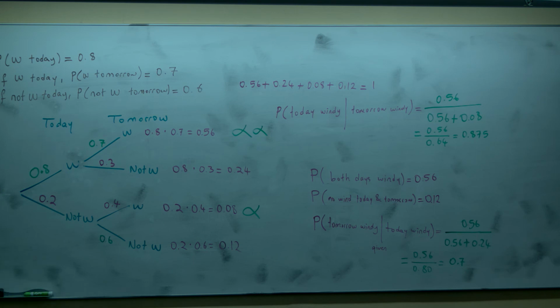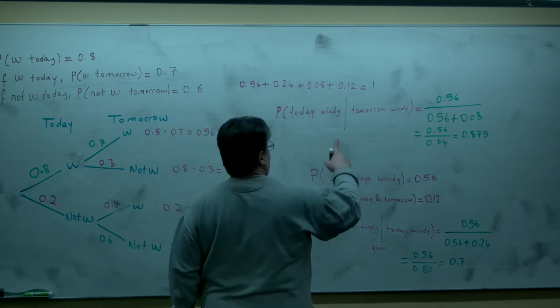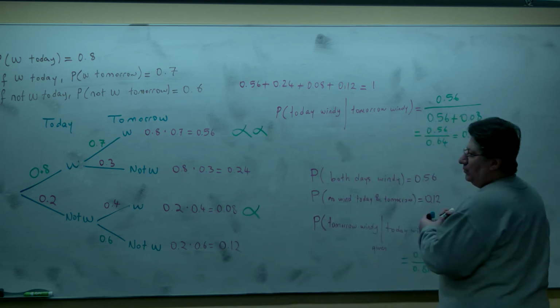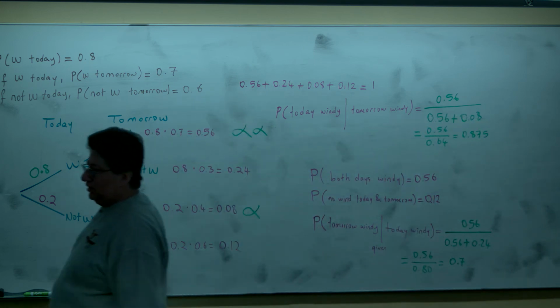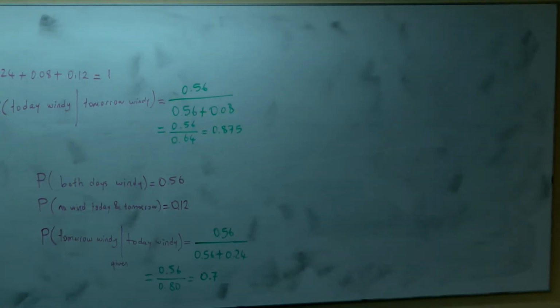This is called conditional probability. Okay? Conditional probabilities. When I say probability of A given B, what I mean is conditional probabilities.